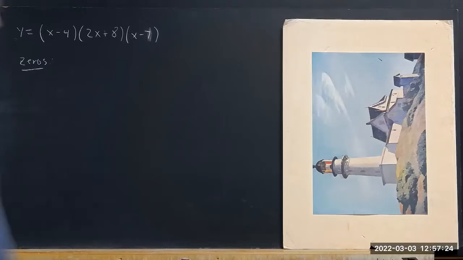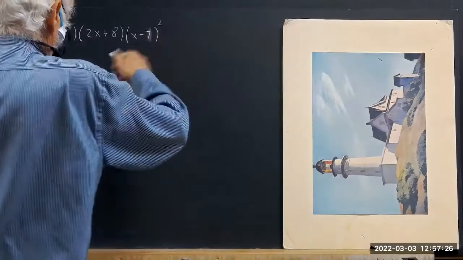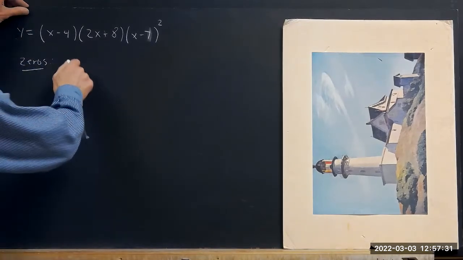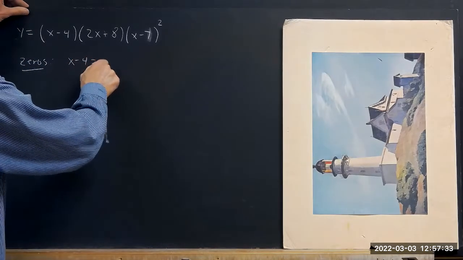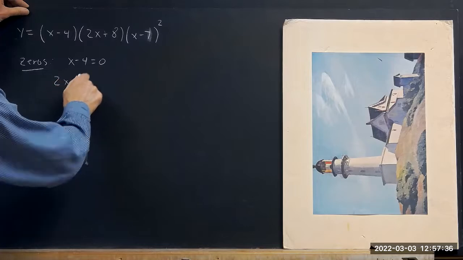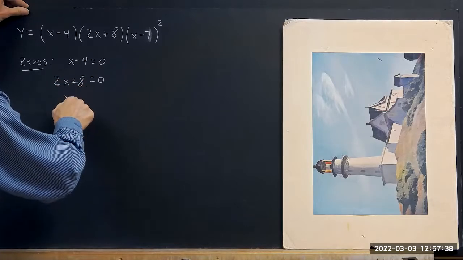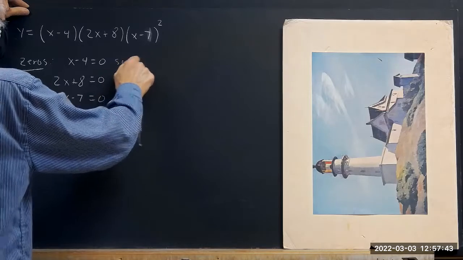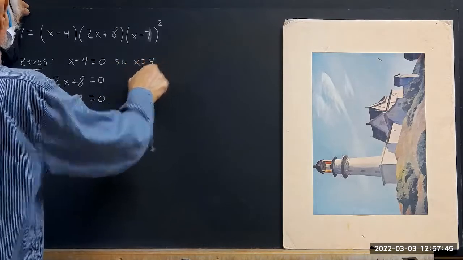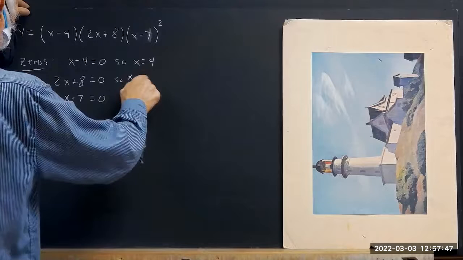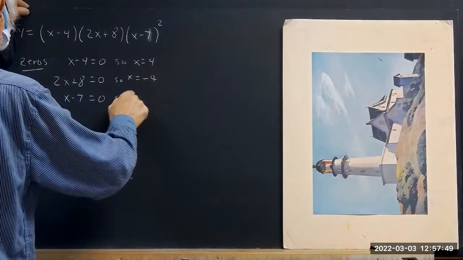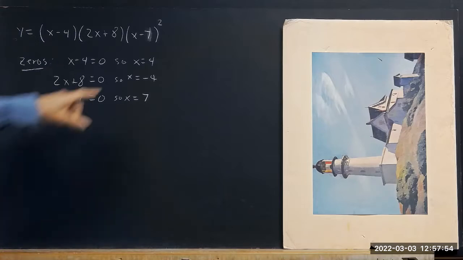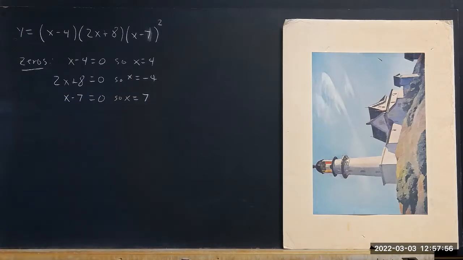I have a square up here, and thinking about the numbers is really important. Right there, the zeros occur at x equals 4, -4, and 7.